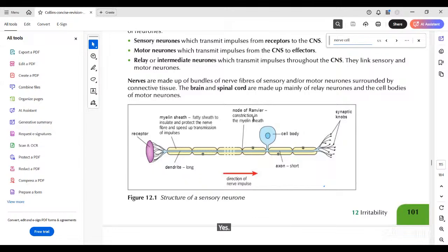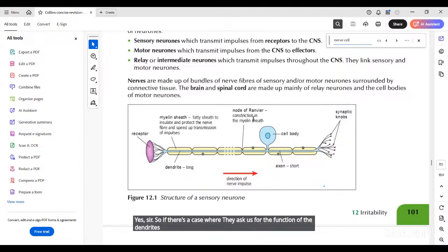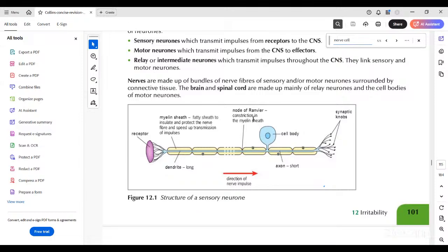If they ask us for the function of the dendrites, do we have to put electrical impulses or could we just put impulses? Yeah, I don't think it's hard and fast.